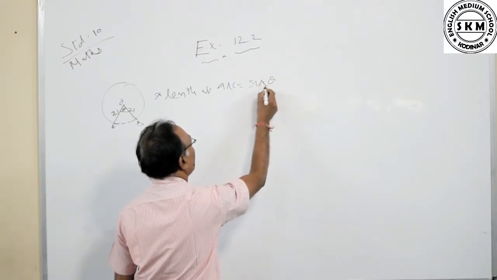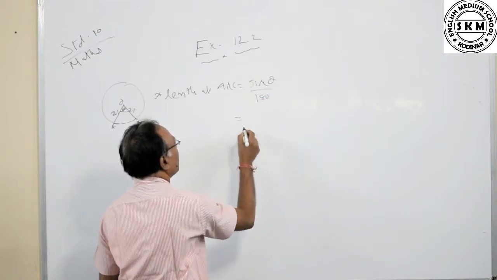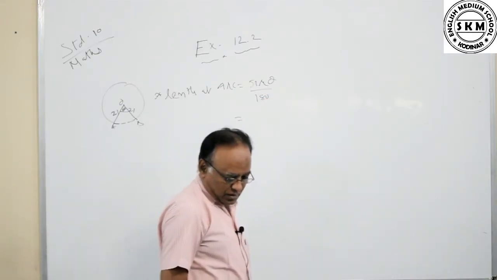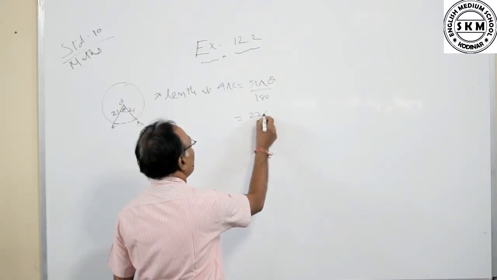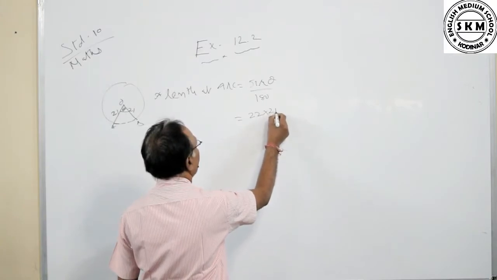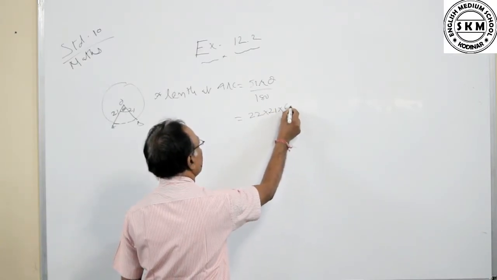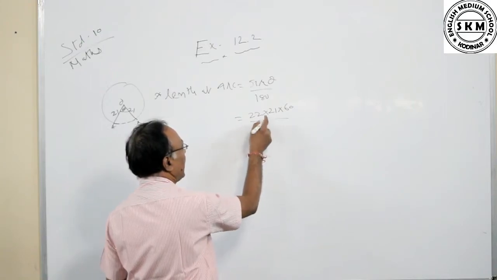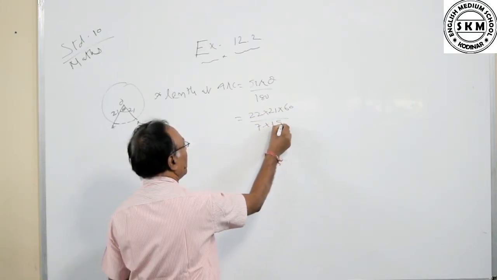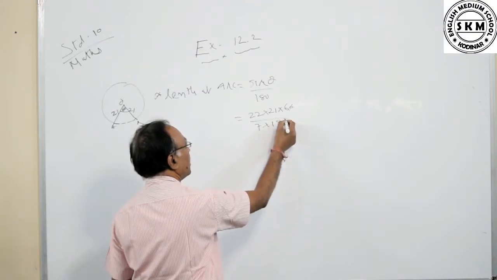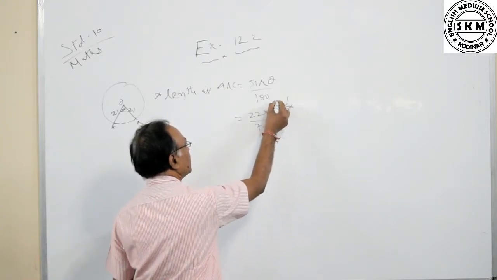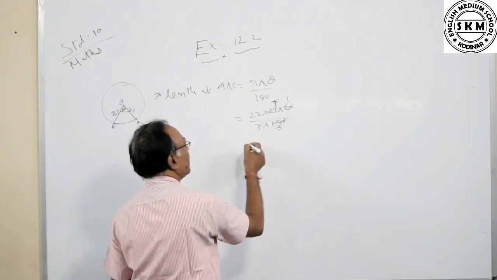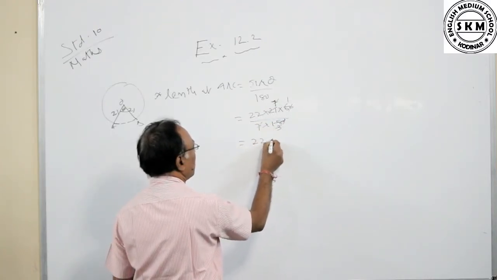Pi value is not given here, so apply 22 upon 7. 22 into 21 into theta, which is 60, upon 7 into 180. Cancel the zero, 6 1s are 6, 3s, and 7 7s cancel. So the length is 22 centimeters.